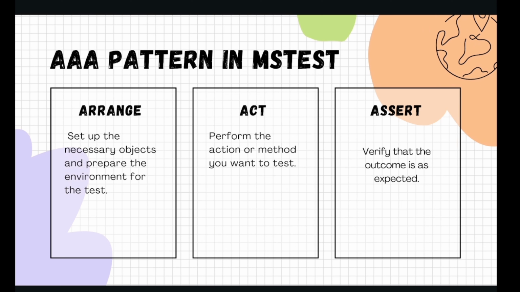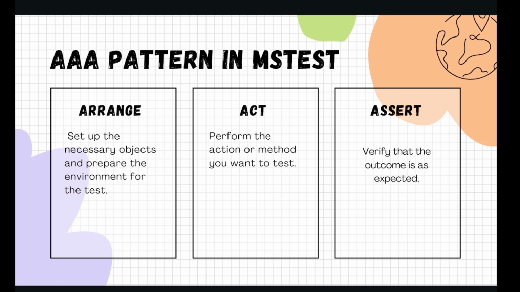Now let's talk about the 3A pattern in MSTest. The 3A pattern stands for Arrange, Act, and Assert. It is a widely used pattern in unit testing that helps organize and structure test cases in a clear and consistent way. MSTest follows this pattern to write effective and readable test cases.